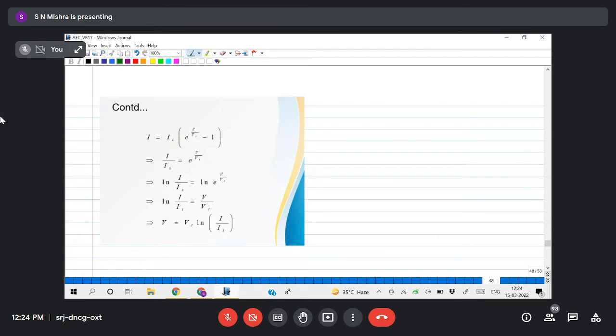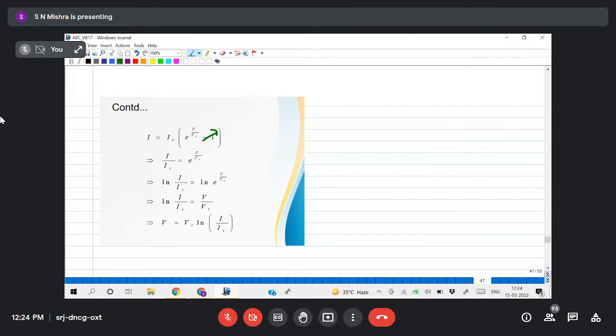Obviously, in forward bias only we have to find the diode current. In reverse bias we are not getting any diode current, only leakage current is flowing, so that term is removed.